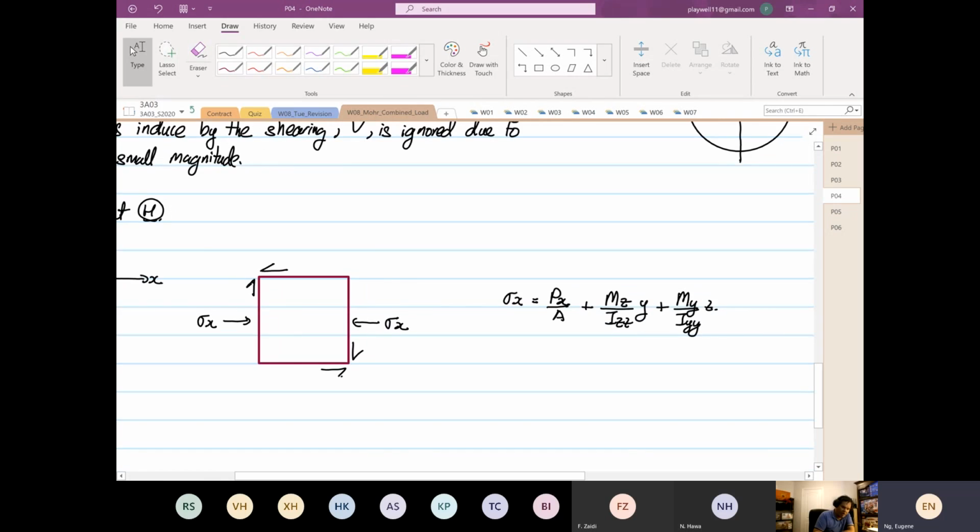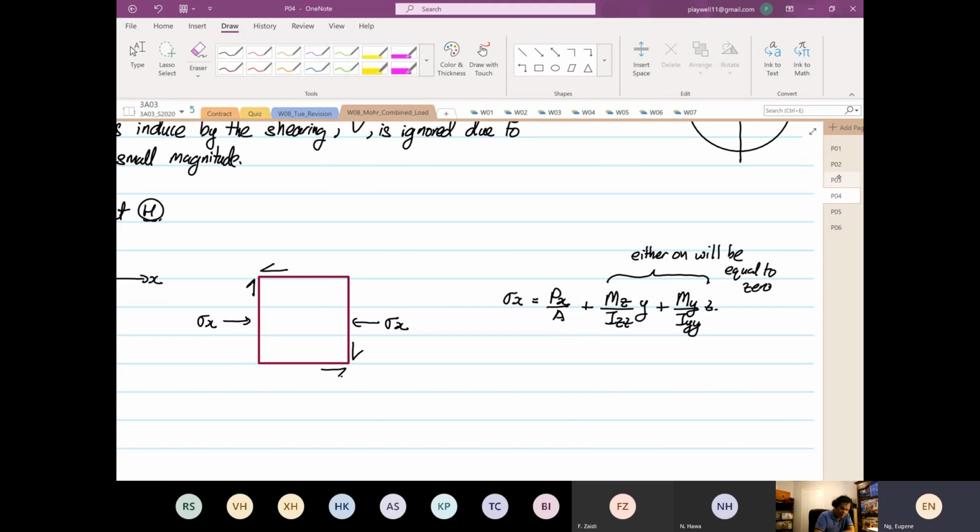But we know that one of these will be equal to 0. So either one will be equal to 0, right?